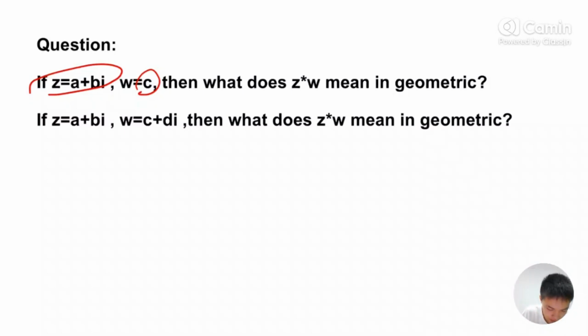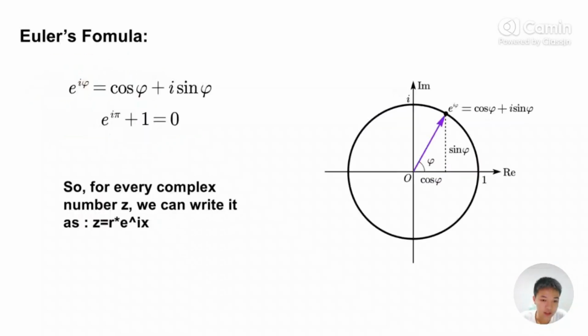And question 2. If z equals a plus bi, w equals c plus di, then what does z multiplied by w mean in geometry? To answer it, I should introduce Euler's formula.